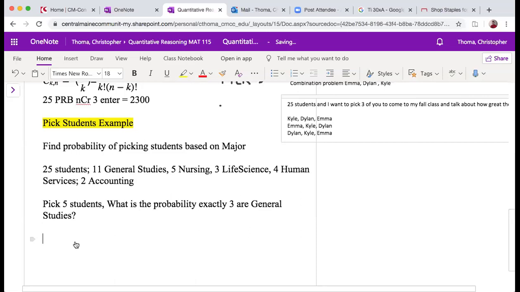So remember, to find probabilities, it is success over total. So to solve this problem, it's easier to find the total first. The total will be equal to 25 students, and I am picking 5. So the first question is, this is a picking problem, so therefore I know it's either combinations or permutations.